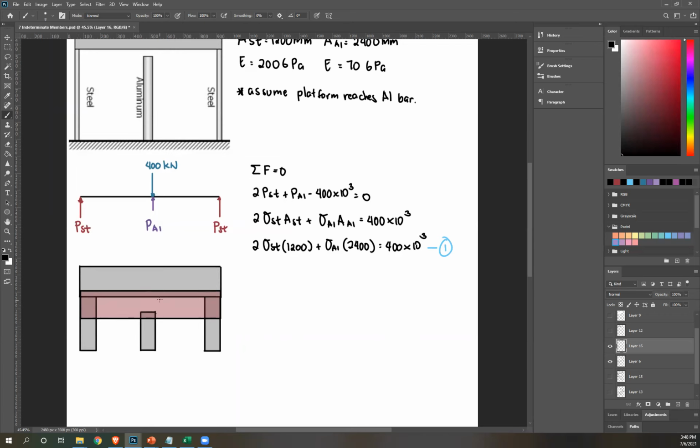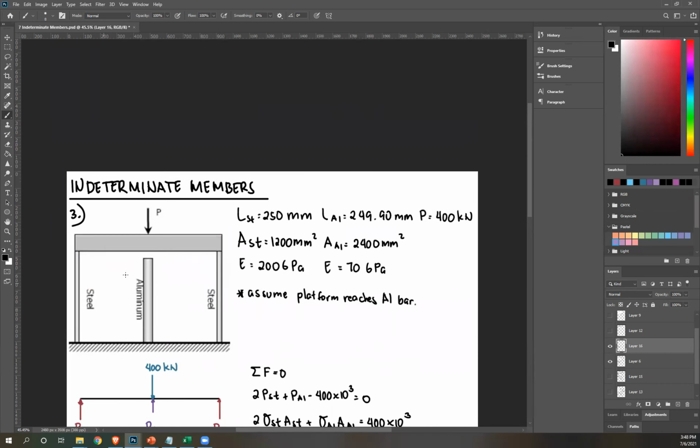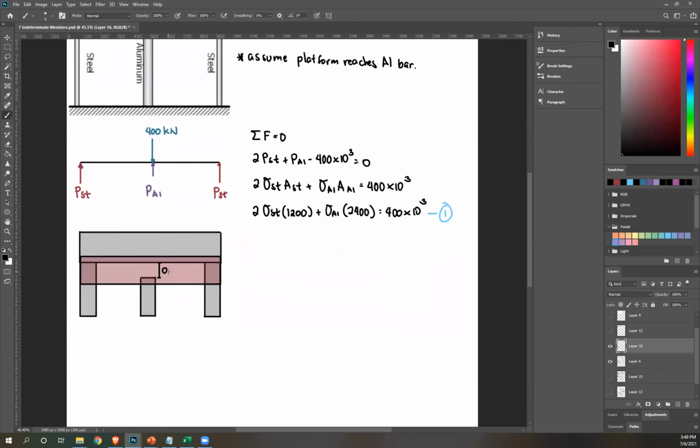And this gap, if this is 250, this 249, then this gap is 0.1 millimeters, right? So this is 0.1 millimeter. And this is how much your steel bar contracts.